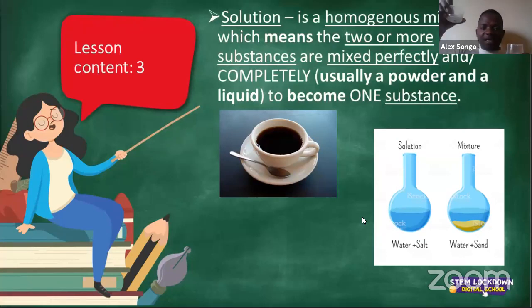So the salt and the water dissolve or combine with each other to a point wherein they become one thing. This is a solution, a combination of salt as well as water, creating a homogeneous mixture mixed perfectly and completely. We cannot see that there was salt here. So it's homogeneous in that respect. All right, let us move on.